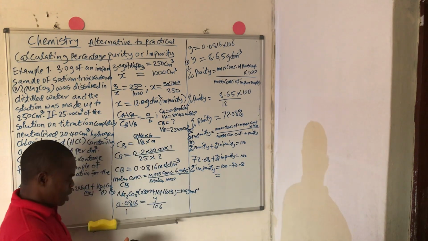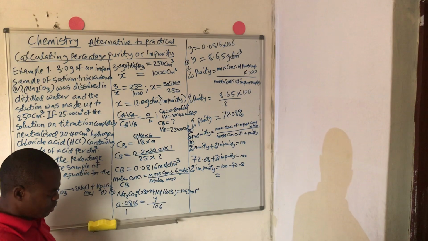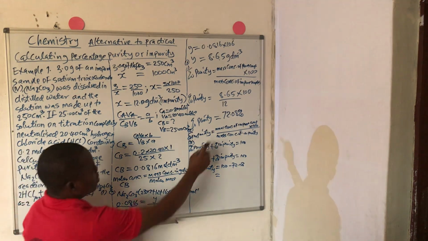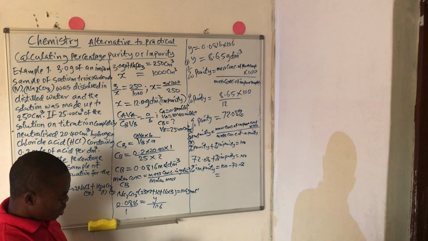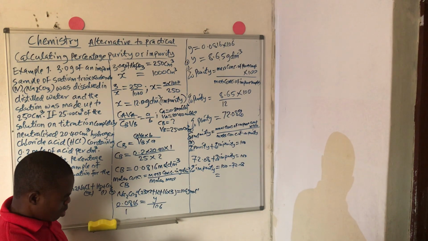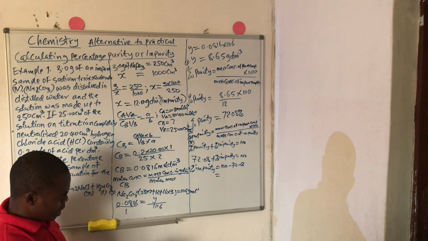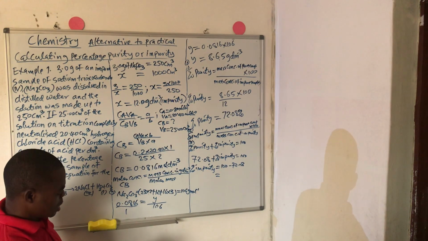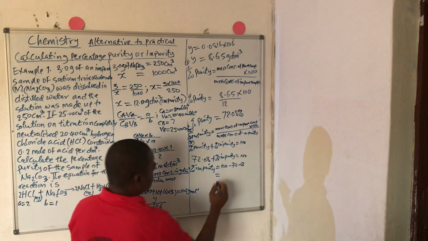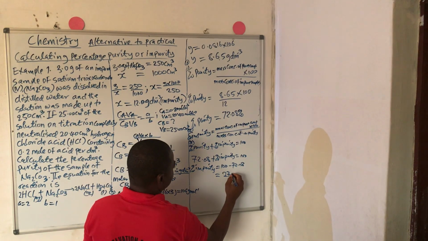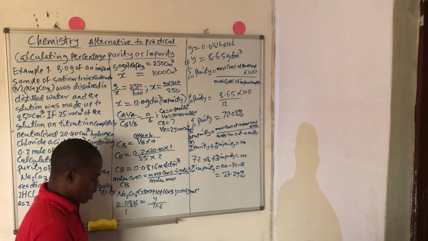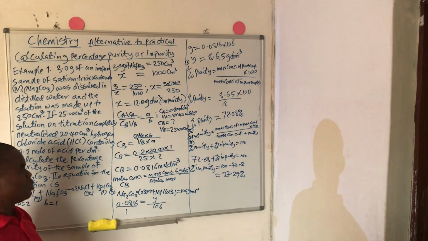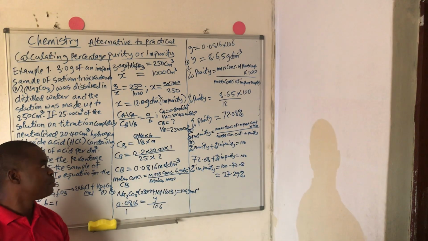The answer will give me 27.92%. That is the impurity that was involved in the sodium trioxocarbonate IV.